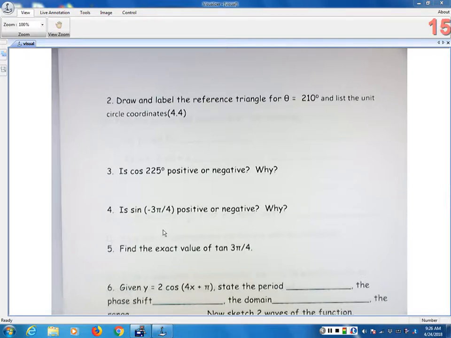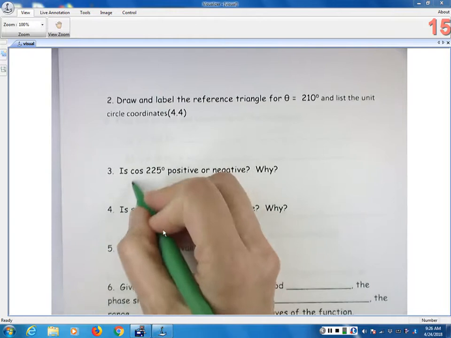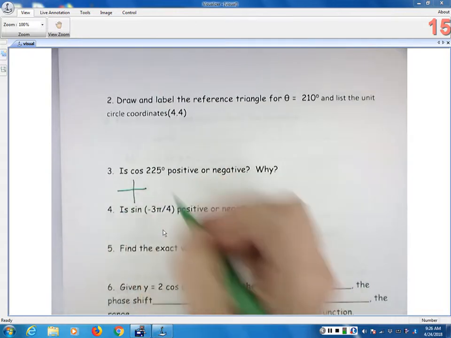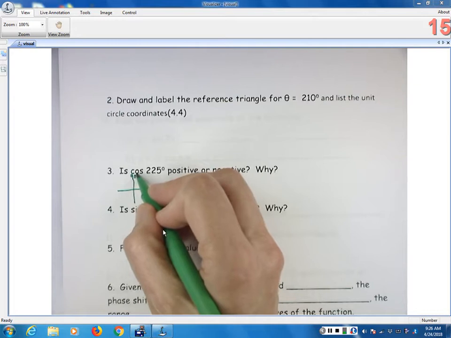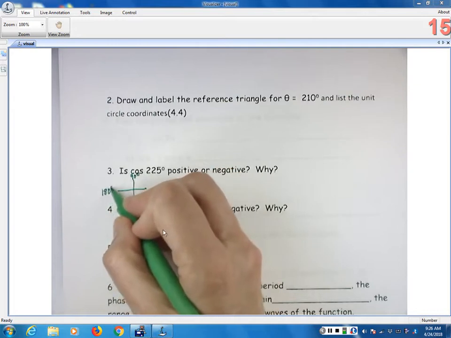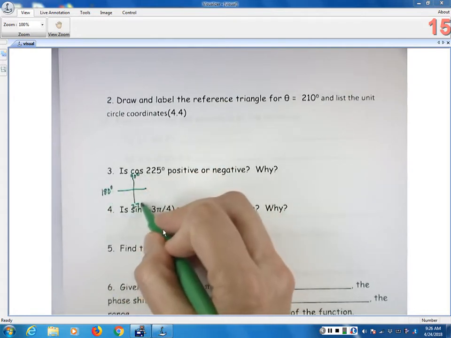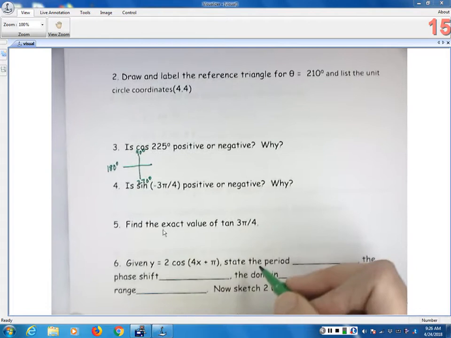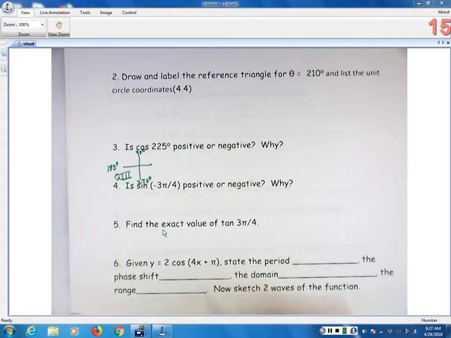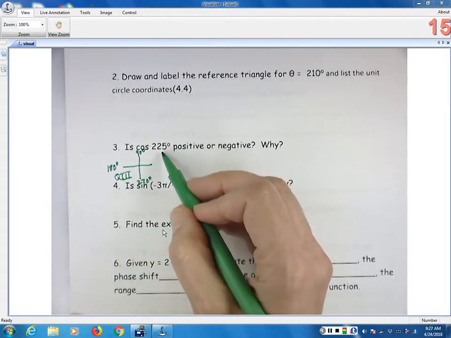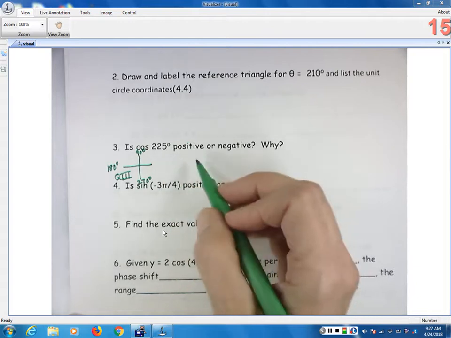From what I just had drawn, you've got to figure out what quadrant 225 is in. So this is 90, this is 180, this is 270. So it's in quadrant 3. So is cosine positive or negative in quadrant 3?